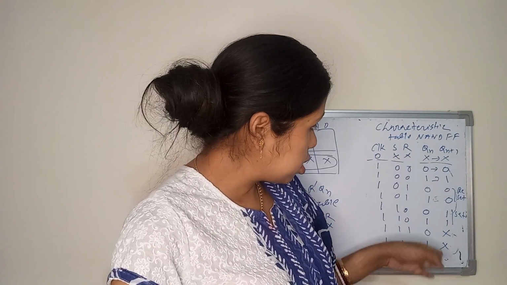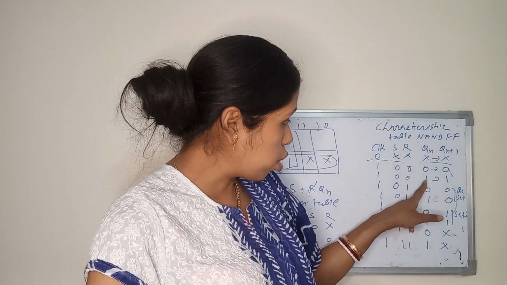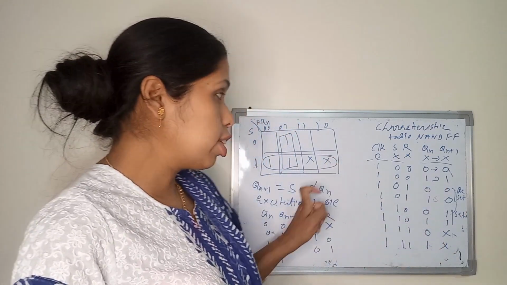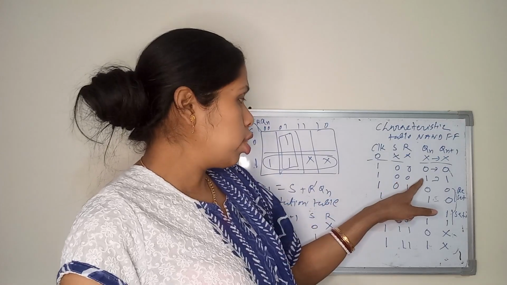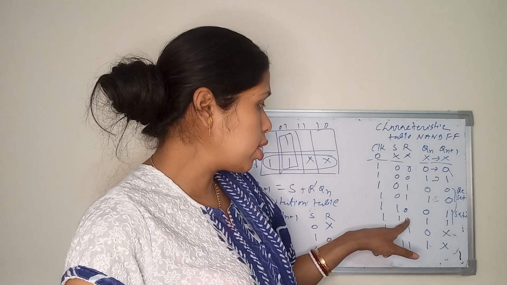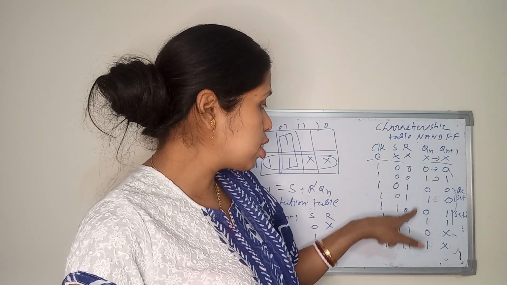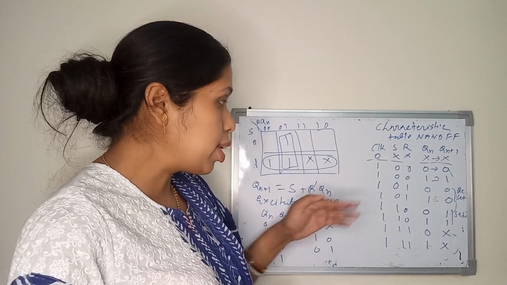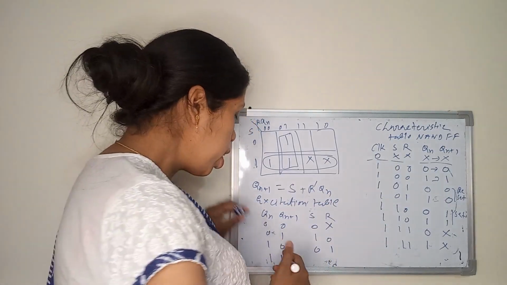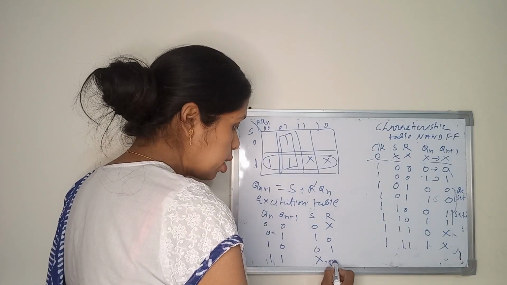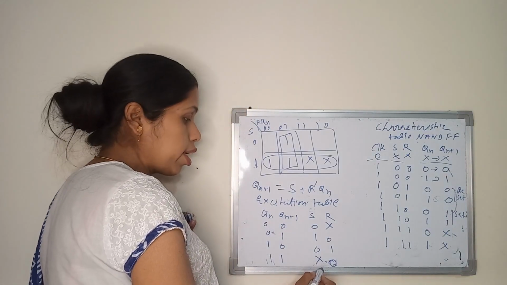Now you can see in these two columns, 2 times 1 1 are there. Here it is 1 1 and here it is 1 1. Now we'll check the corresponding S R value. For this 1 1 it is 0 0, but in case of this 1 1 it is 1 0. Now in this case my R is constant but S is changed from 0 to 1. So if I combine these two rows, 1 1 means it will be don't care and 0. So S is either 0 or 1.